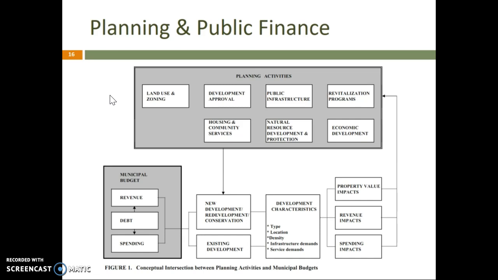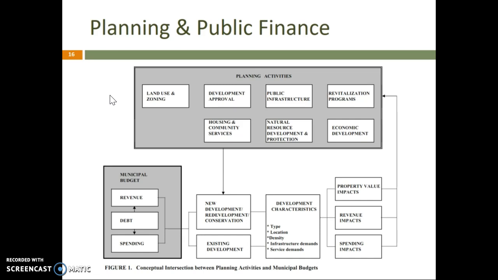Whenever you change zoning, development approvals, or policies that require different types of development, housing requirements, or parking requirements, all of it affects how much money the government can get, and how much money the government gets to spend on different types of programs.